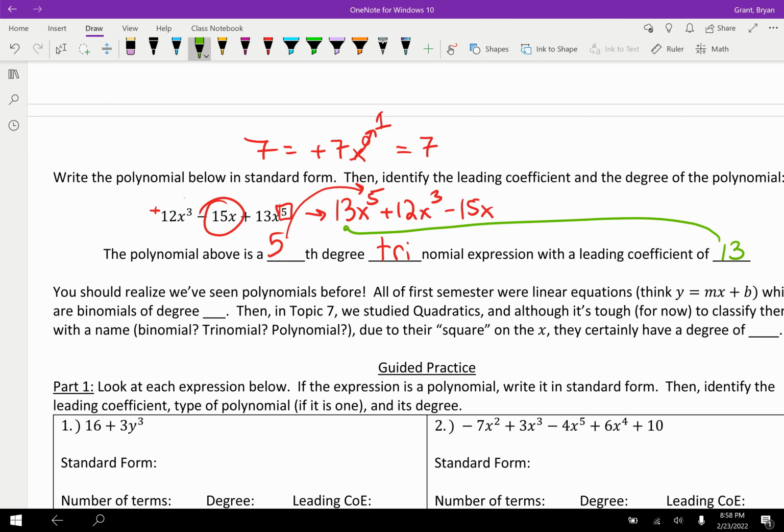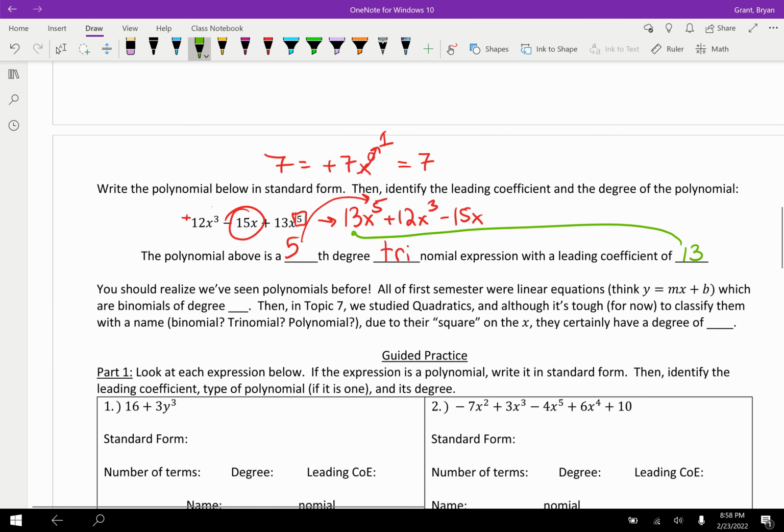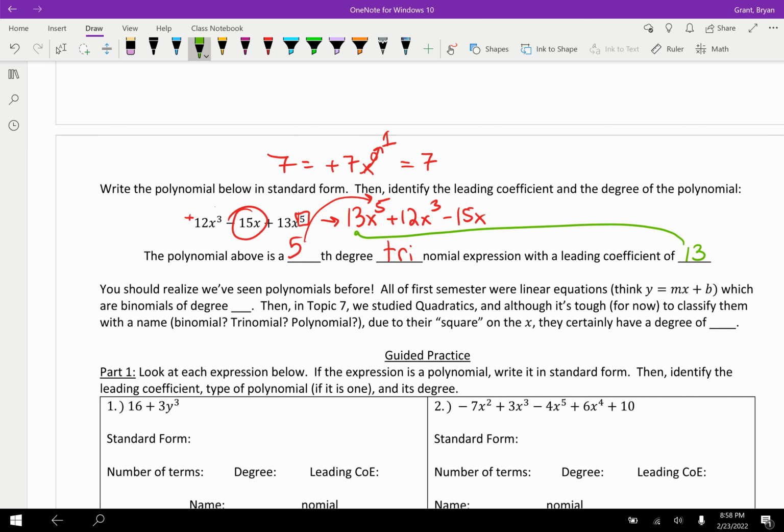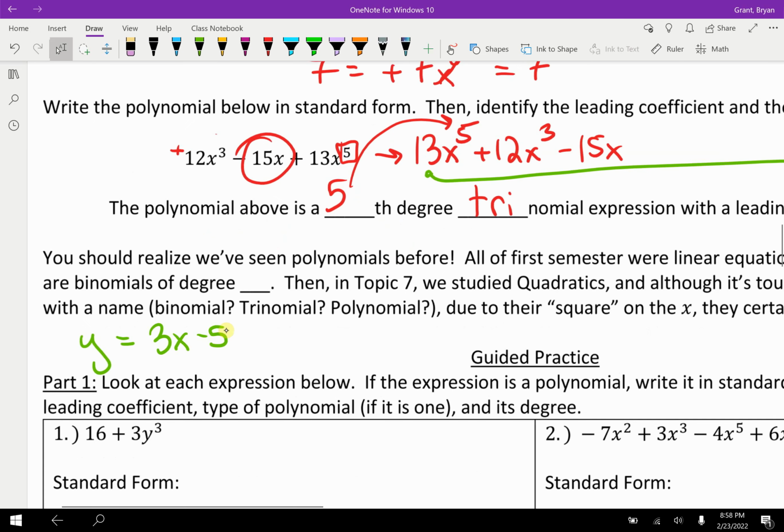Now, you should also realize we've seen polynomials before. In fact, all of first semester, we had linear equations, y equals mx plus b. A quick example, y equals 3x minus 5. These are binomials, they have two terms, and this x has the first power, so they are binomials of degree 1.